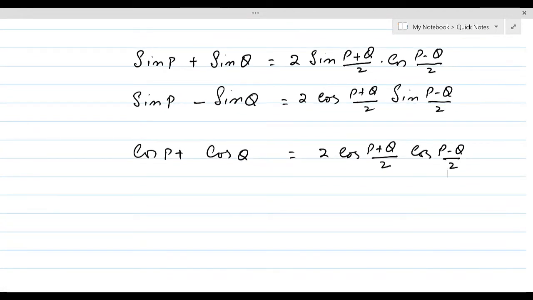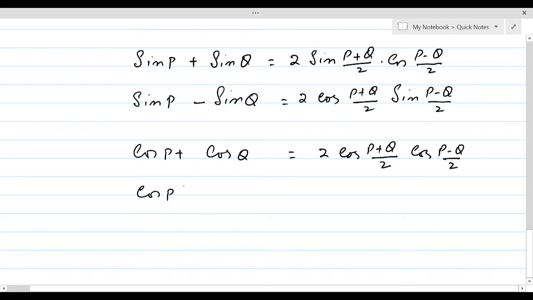And cos P minus cos Q is equal to minus 2 sine of P plus Q by 2 into sine of P minus Q by 2.